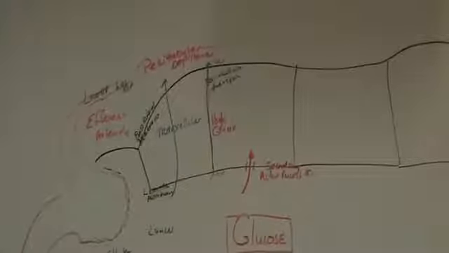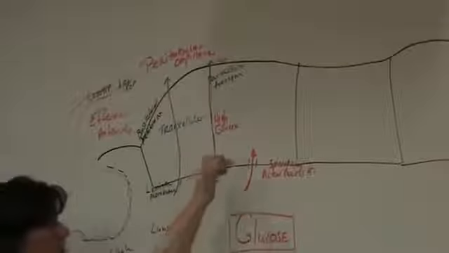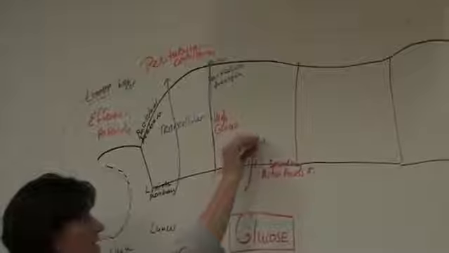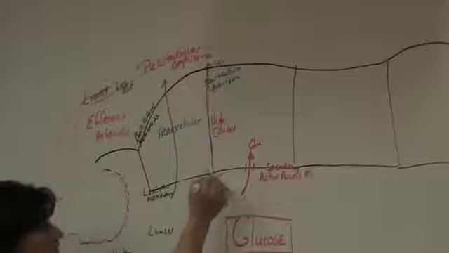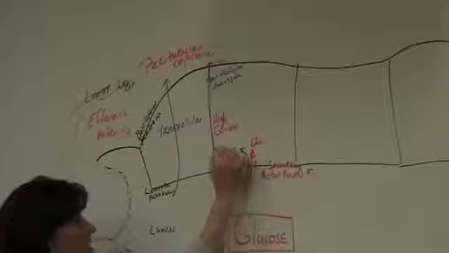In secondary active transport, remember there's the movement of a second substance to get the glucose into the cell. And the substance that's going to be moving down its gradient this way is sodium.